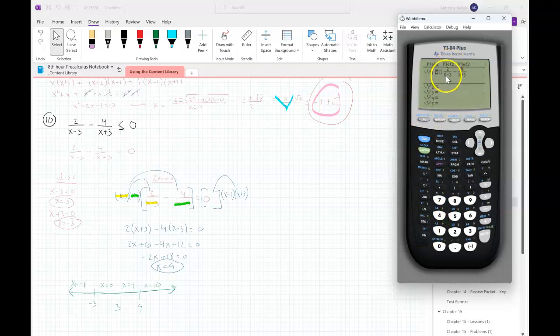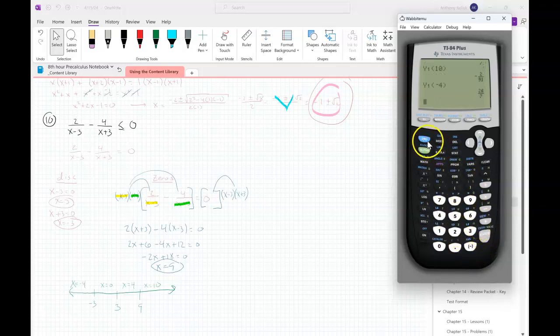So in the y equals spot, I'm going to type in the left-hand side of my inequality: 2 over x minus 3 minus 4 over x plus 3. And then I'm going to use the y1 command. So I'm going to say vars, yvars, function, y1. And I'll plug into that -4.